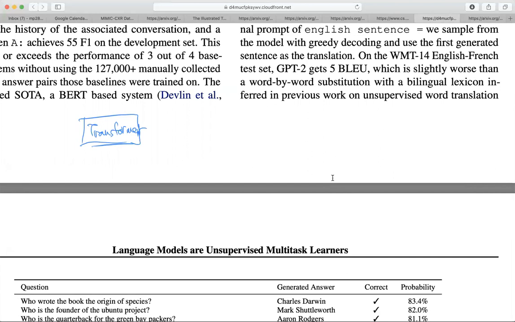Then you want to use the GPT-2 model for a translation task, and in order to tell GPT-2 that I want you to do translation, they feed one English sentence, so, I am a student, one word at a time, and then they put this symbol here.